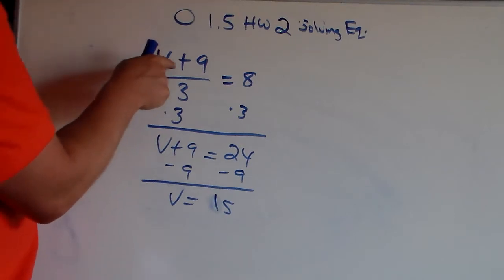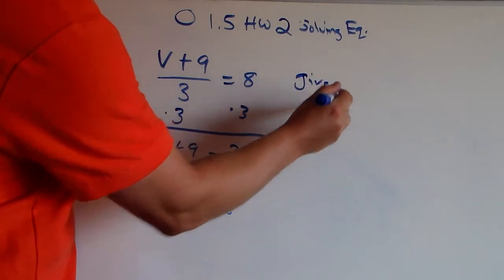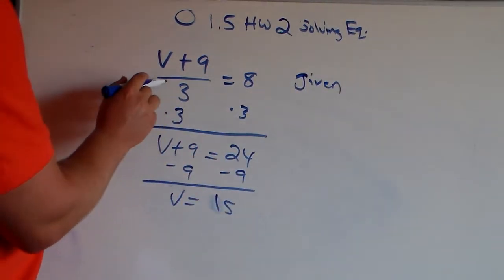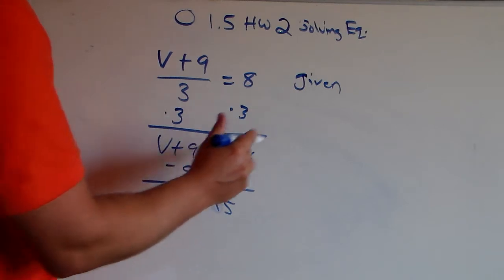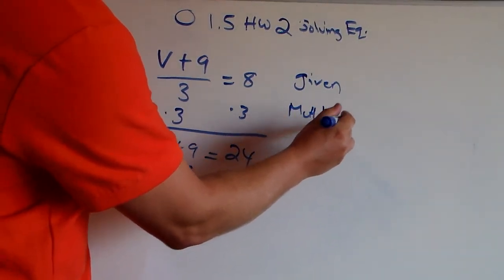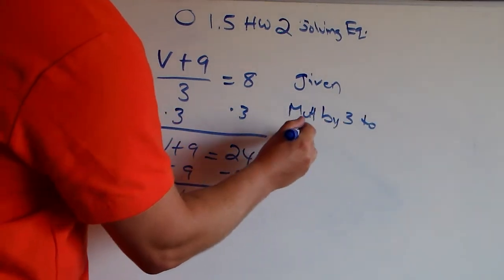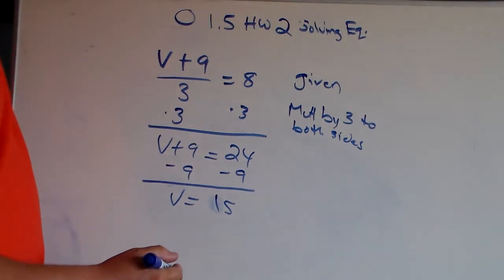We're given V plus 9 divided by 3 is equal to 8. That's given to us. Then we have a divide by 3 here, so we have to multiply by 3 because that's the inverse operation. We got to do that to both sides. So multiply by 3 to both sides of the equation.